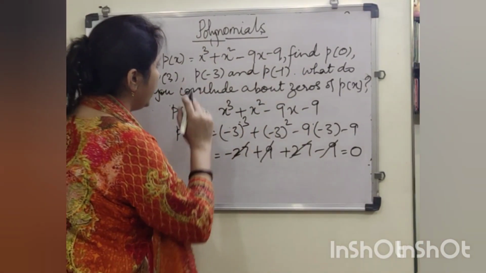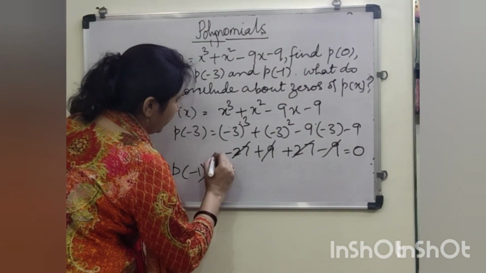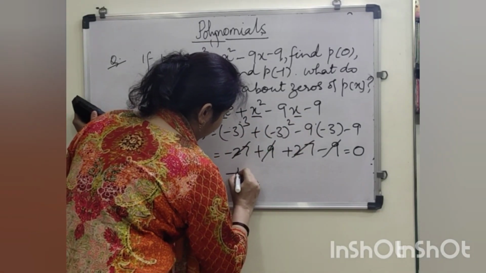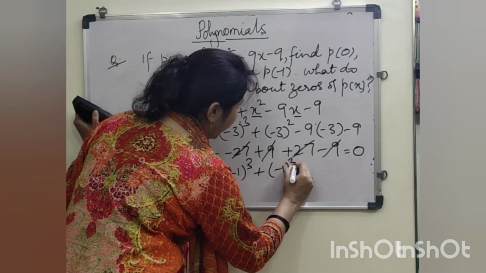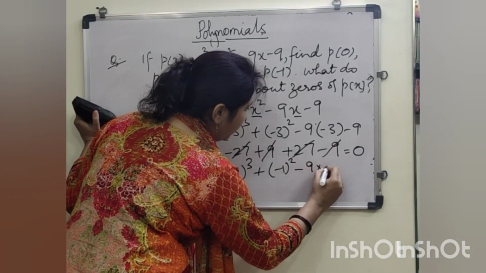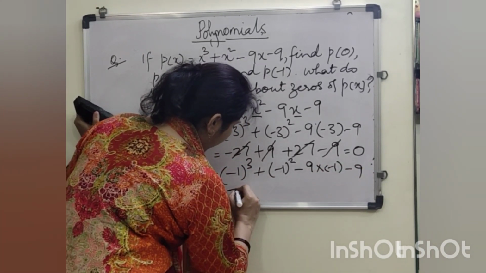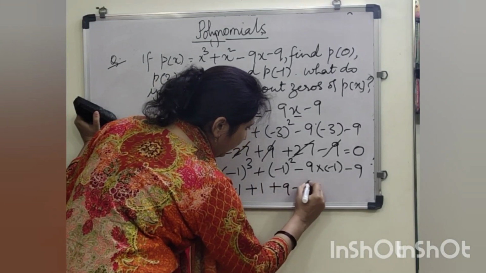The last one is p of minus 1. See children, now we replace all x by minus 1. Minus 1 cube plus minus 1 square minus 9 into minus 1 minus 9. Children, minus 1 plus 9 minus 9.